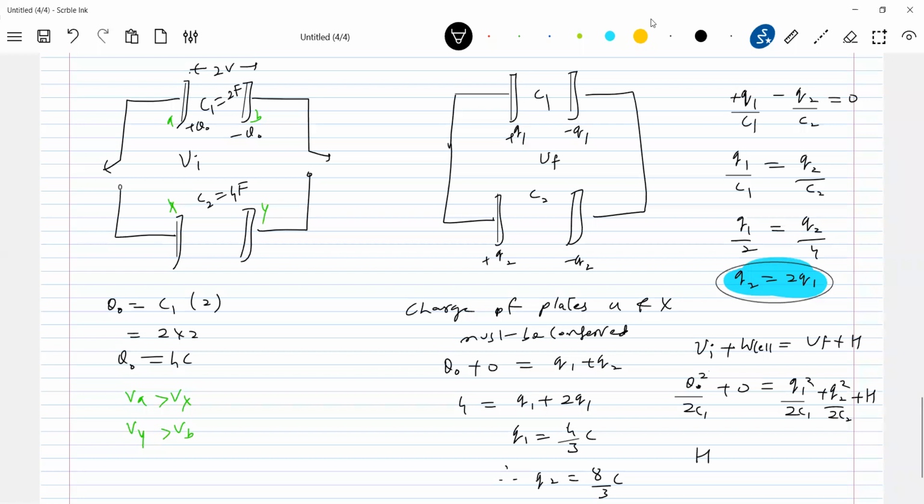So H will be the heat generated in the circuit. Who will take this heat? It will be taken by the conducting wires. Even the plates are conducting plates, no?